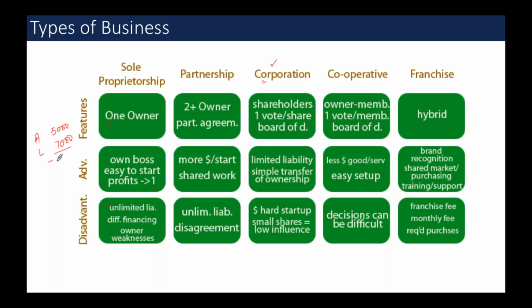So there is a shortage of 2 million. This 2 million will be arranged from the proprietor's personal assets, because business assets are not enough to cover the liabilities. That's called unlimited liability. This is one of the greatest disadvantages in the case of sole trading as well as in partnership.